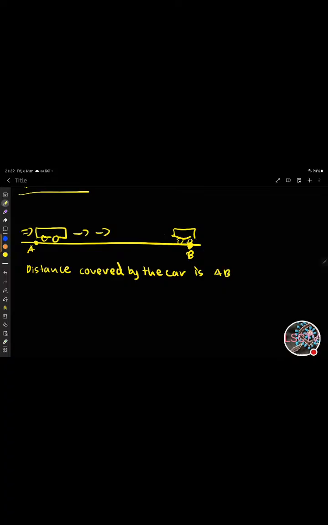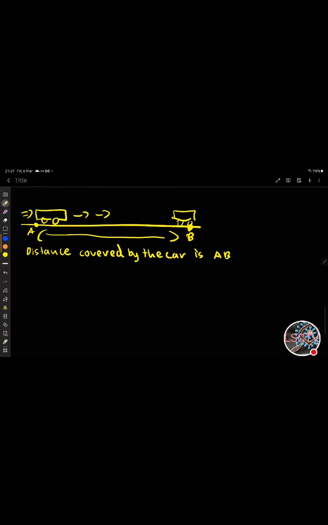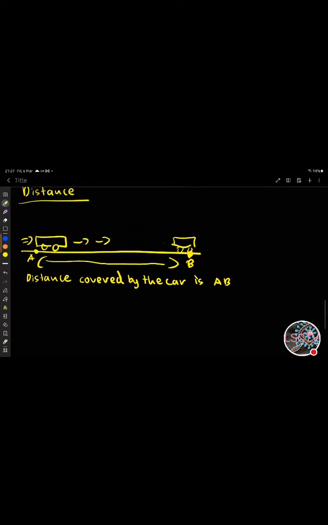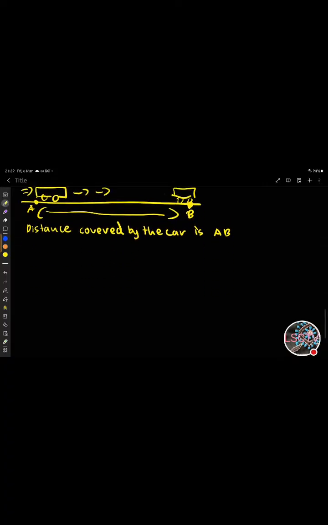The length is basically the distance covered by the car. So when an object moves, the total amount of distance that it covers along the path on which it moves is called the distance. Alright?